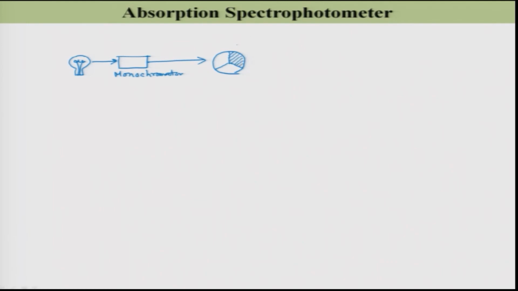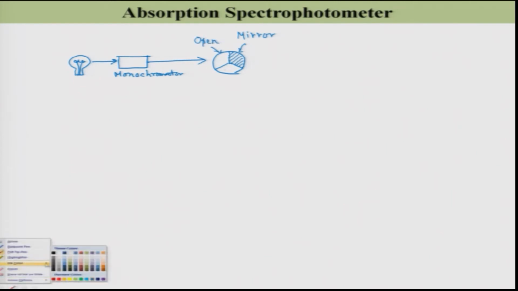Let me write over here, this part is mirror, this part is blank, right. So, nothing is there, open. So, this part is open and this part is opaque, completely opaque, black color. This part is completely opaque.